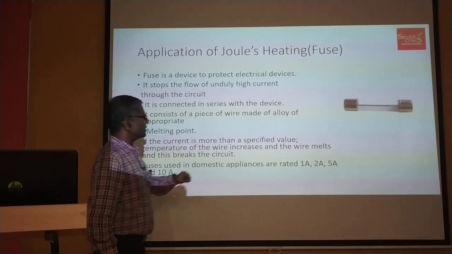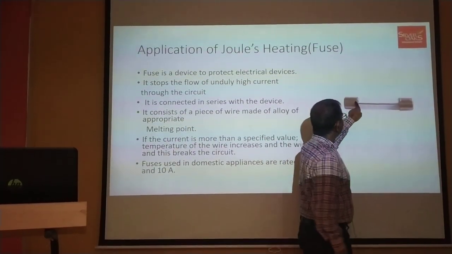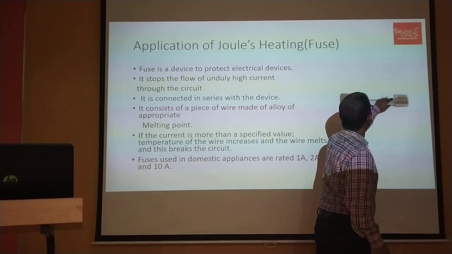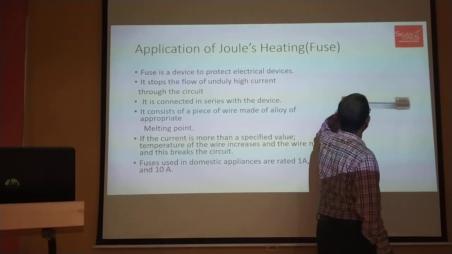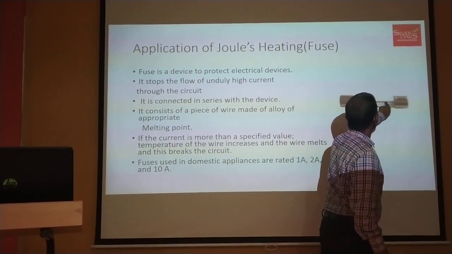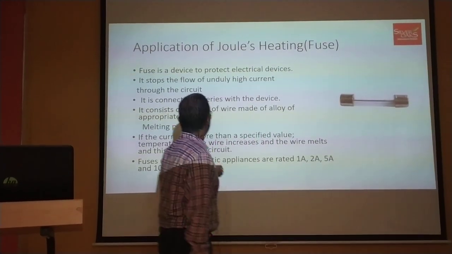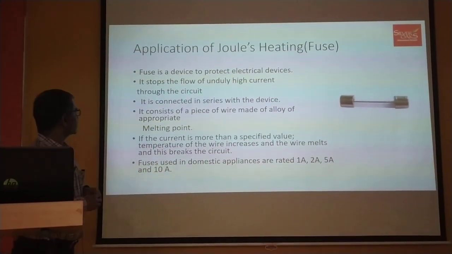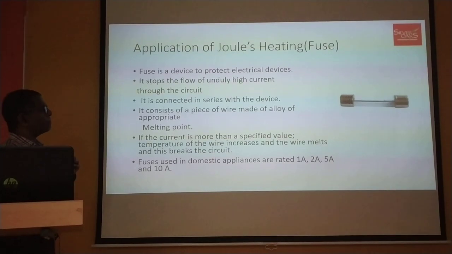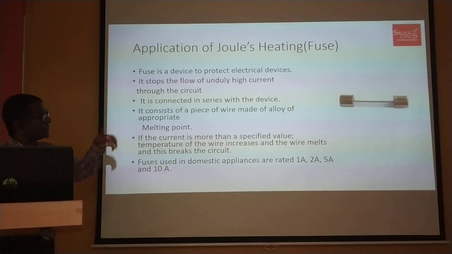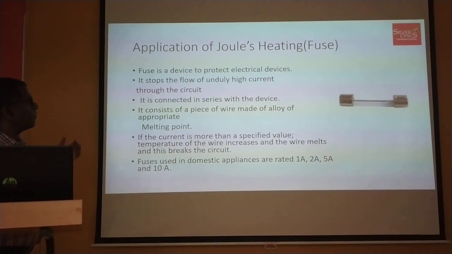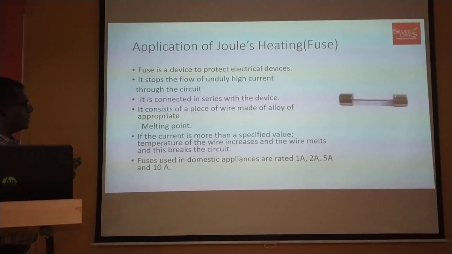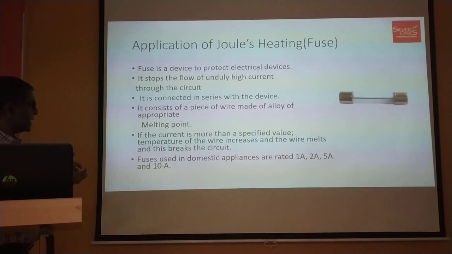If you see this, it has a piece of metal. This is a glass enclosure, and there is a piece of metal wire, and this metal wire has an appropriate melting point. So whenever excessive current flows through the wire, it gets heated up.